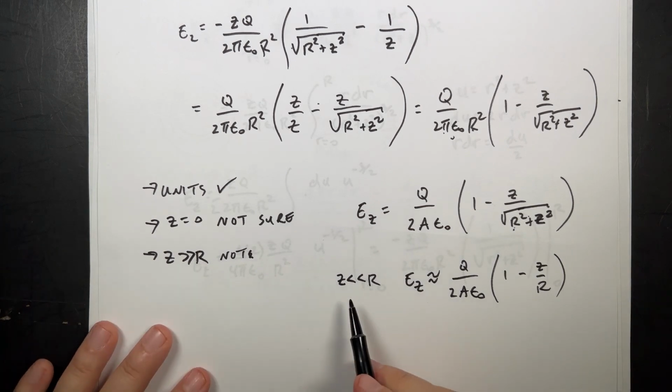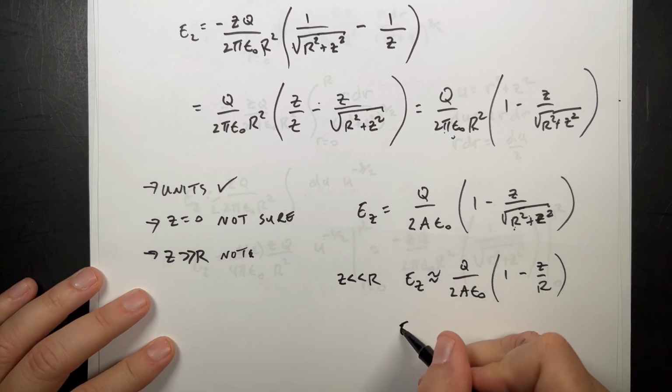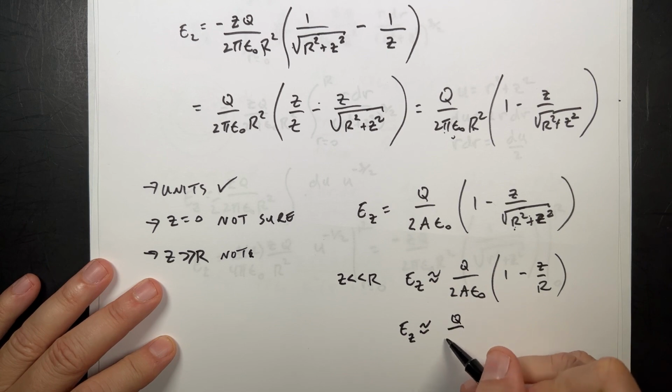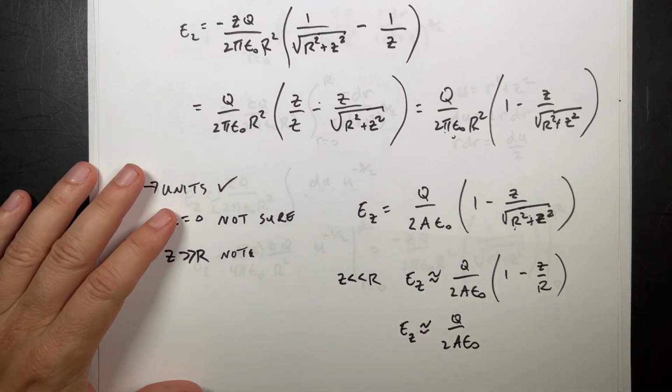And if z is super close, then E_z is approximately equal to Q over 2A epsilon naught, and it's constant. Okay, so there's your constant electric field due to a single plate.